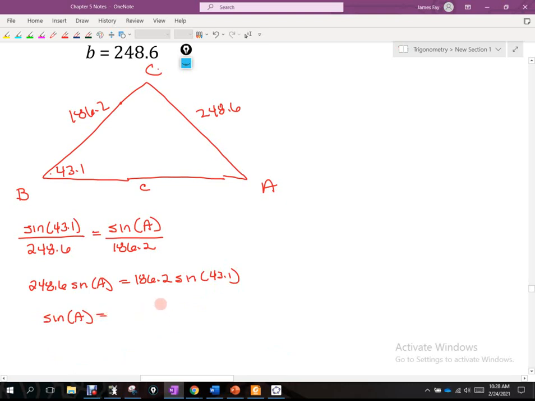Sine A then is going to equal 186.2 sine of 43.1 over 248.6.